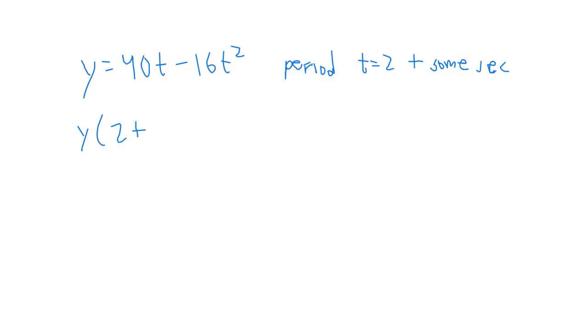If they're asking about different parts like 0.5 seconds or 0.1, what you really need to do is just figure out y at that point. So if it's asking 0.5 seconds, then you would say y of 2 plus 0.5. Or if they're asking for 0.05 seconds, then y of 2 plus 0.05.